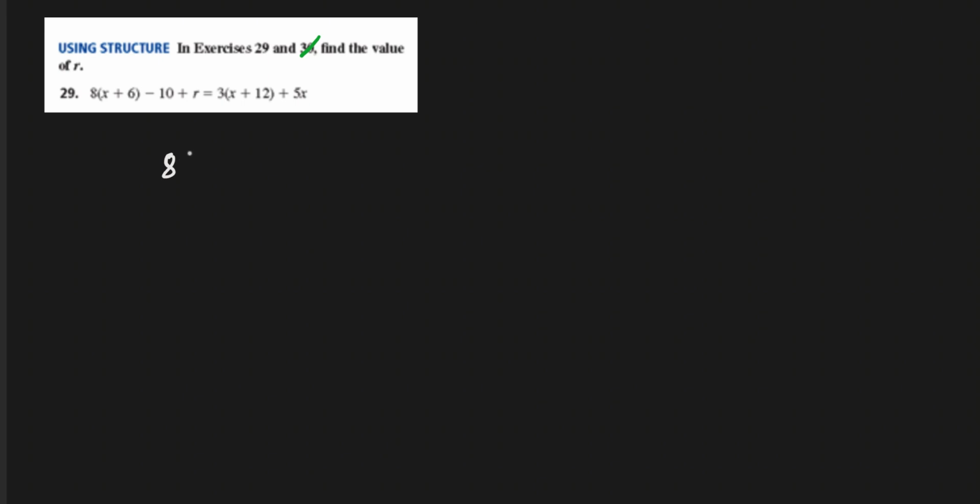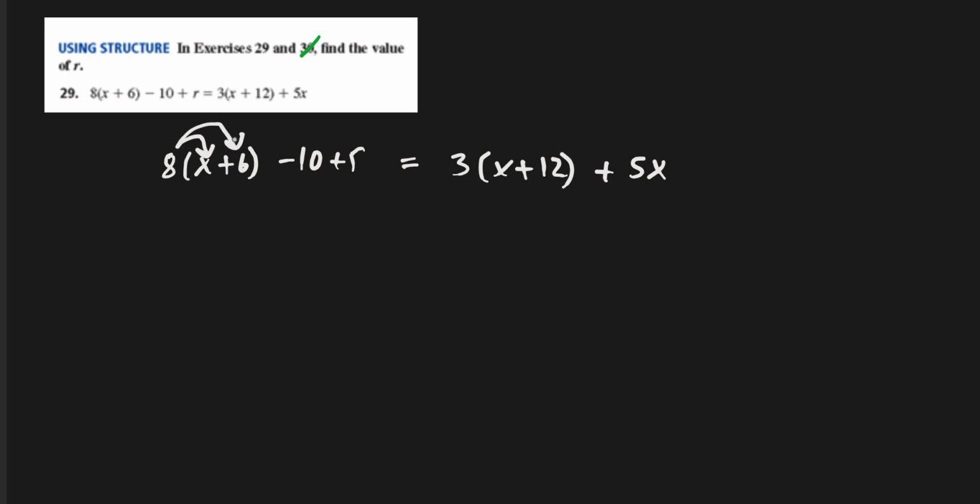So 8 times (x plus 6) minus (10 plus r) is equal to 3 times (x plus 12) plus 5x. What we can do here is try to distribute the 8 and distribute the 3. It's our normal distributive property.